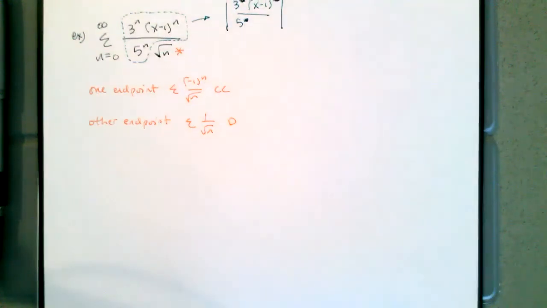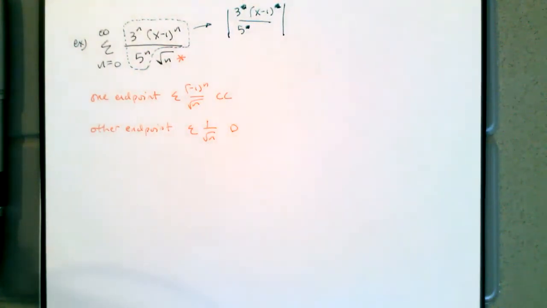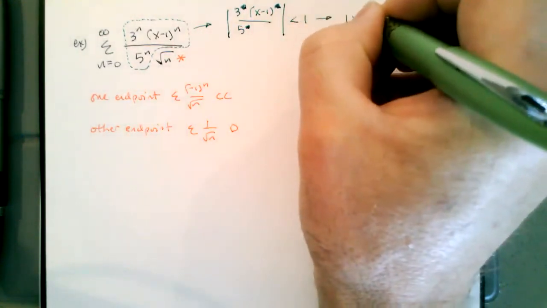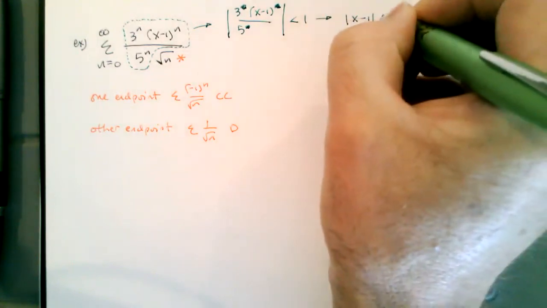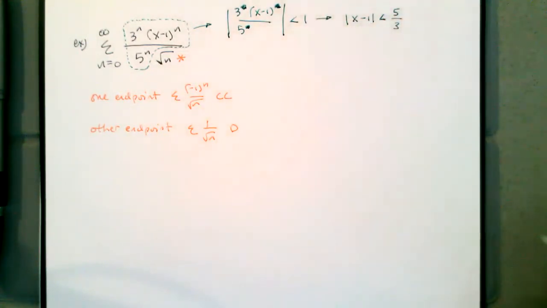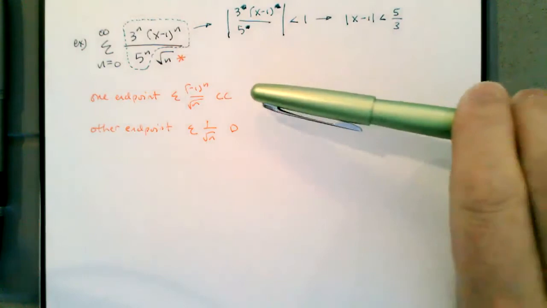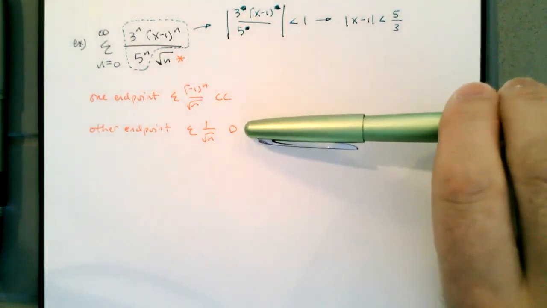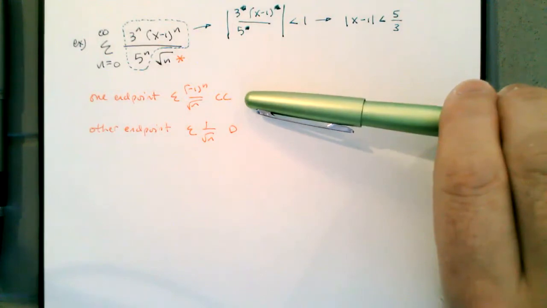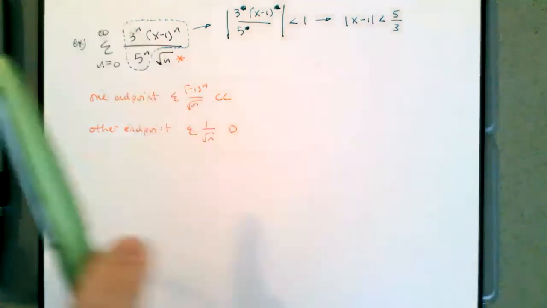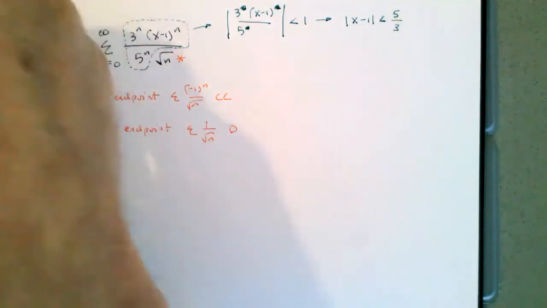The n's cancel because I'm dividing the n plus first term by the nth term, which is why geometric series fits into the ratio test so well. But I still want the absolute value of x minus 1 to be less than 5/3. But from my radical part, I see one endpoint is included and the other endpoint is not. The endpoint that'll make things alternate is included, but the endpoint that just cancels out to 1 will not. So we'll have to make a note of where the endpoints are.